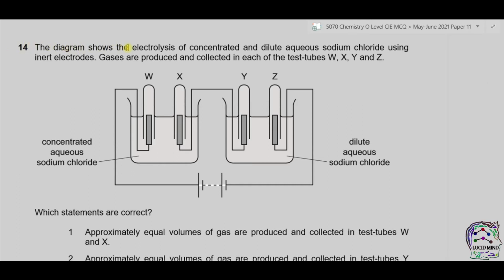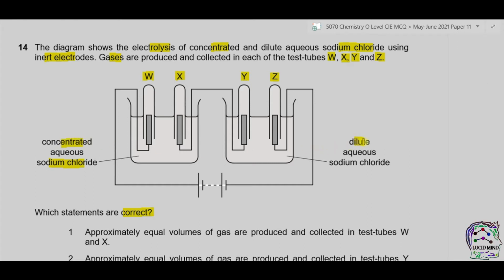Question 14. The diagram shows the electrolysis of concentrated and dilute aqueous sodium chloride using inert electrodes. Gases are produced and collected in each of the test tubes. We have W, X, Y, and Z, which are the test tubes. Which statements are correct? We have concentrated aqueous sodium chloride in this one.